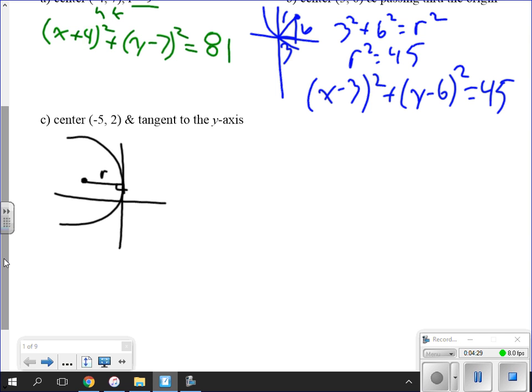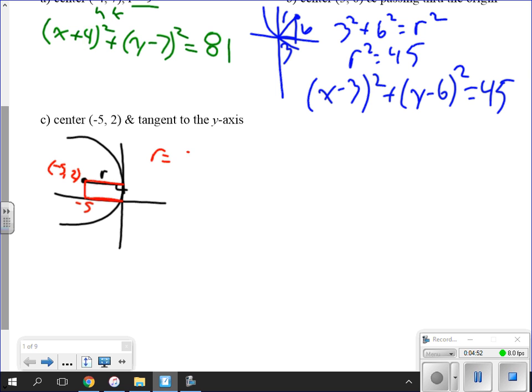So this one actually, okay, I've got to figure out my distance, my radius. It's not as hard as it looks on this one either because where's my center? My center is at the point -5, 2. So I have the point -5, 2. Well, -5 is this distance here, which means it's that distance there, right? So what's my radius?